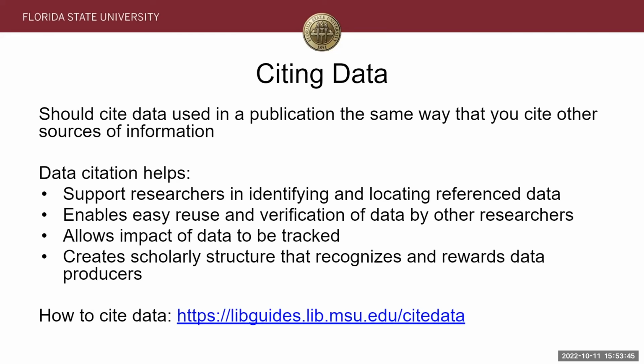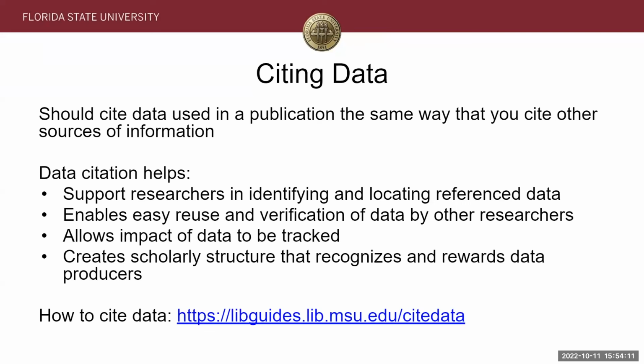This data citation really helps other researchers identify and locate this referenced data. It enables other researchers to easily reuse and verify that data. And it also allows the scholars who produce that data to track its impact, right?